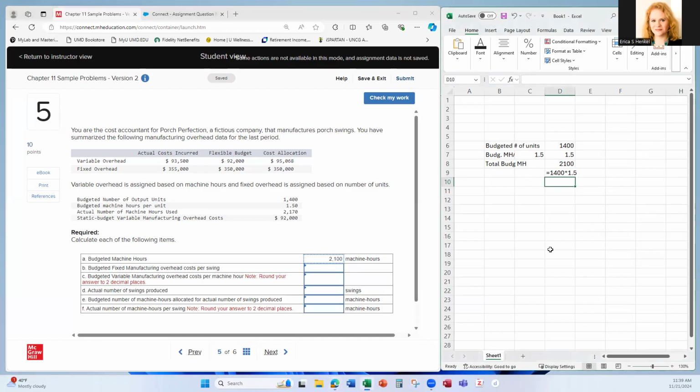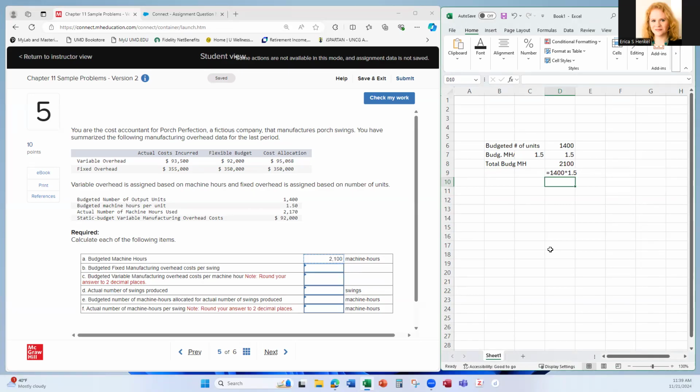Now, budgeted fixed manufacturing overhead costs per swing. All right, well, let's see, so the variable overhead was 92,000 for costs.